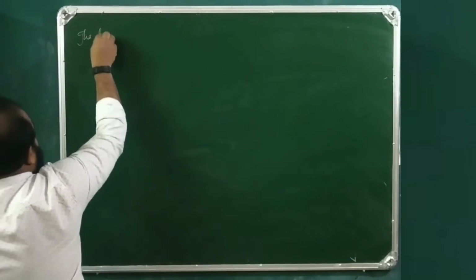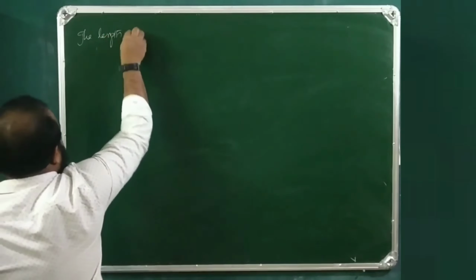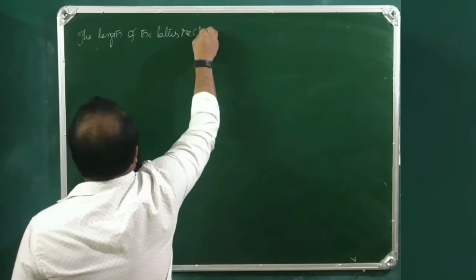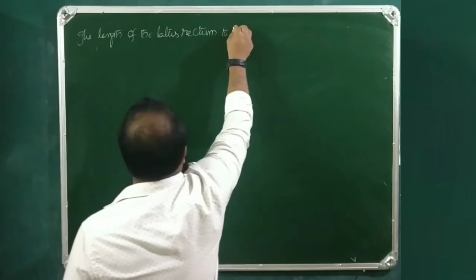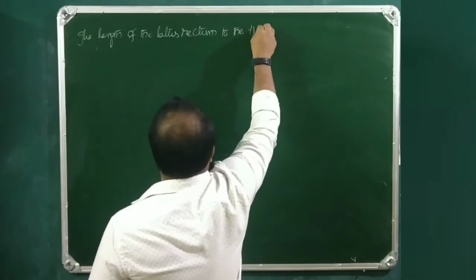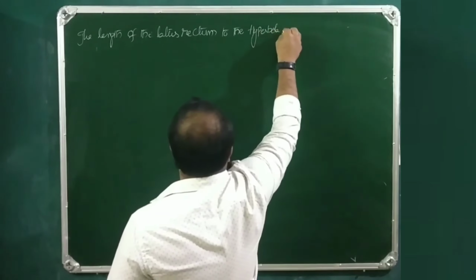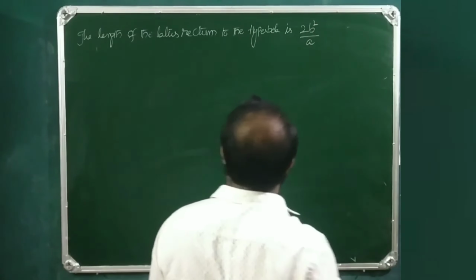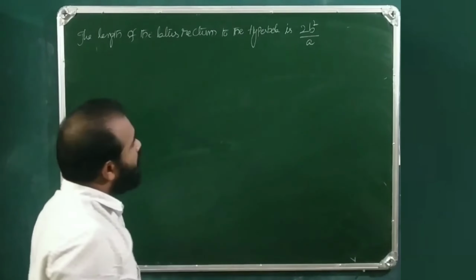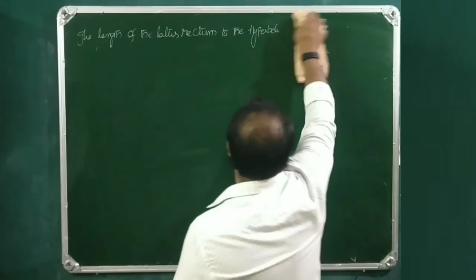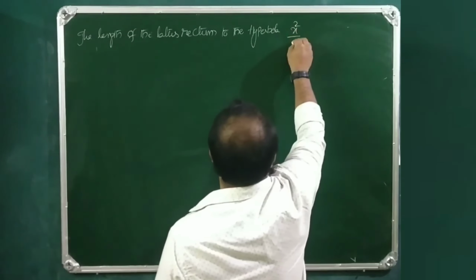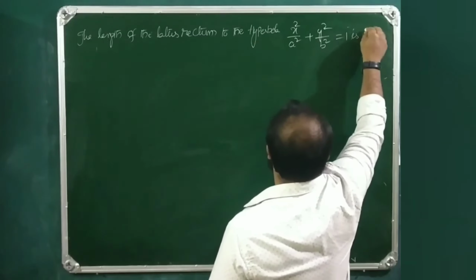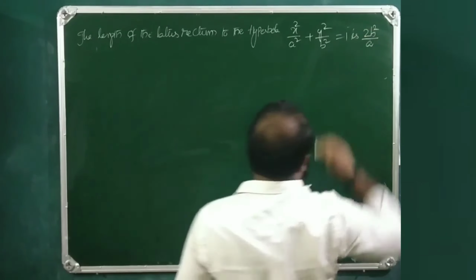The length of the latus rectum of the hyperbola x square by a square minus y square by b square equals 1 is 2b square by a.